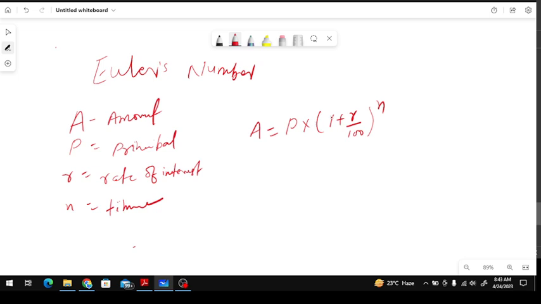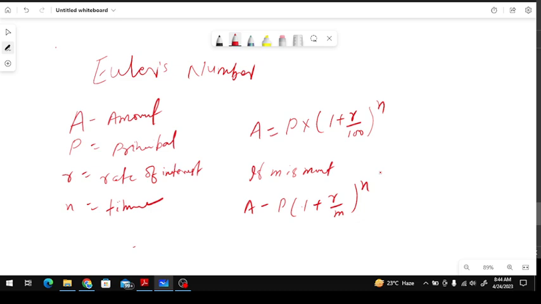If we write it the monthly way, taking m as the month, A equals P times 1 plus r by m, with r in percentage terms. So the loan would grow according to this formula.